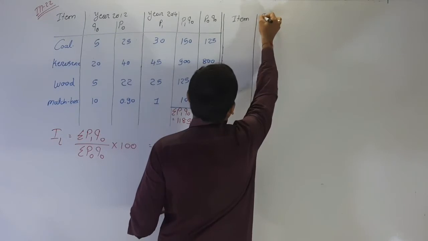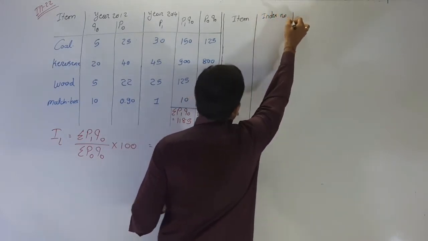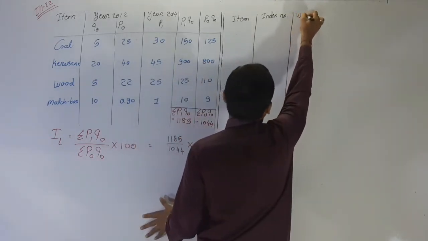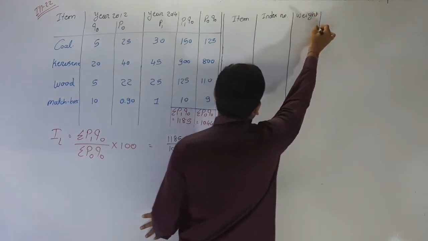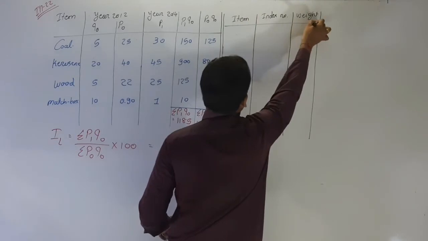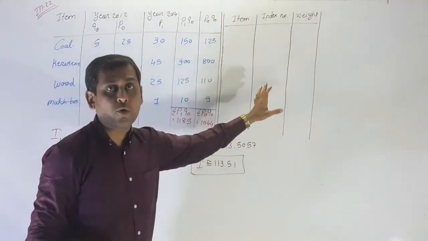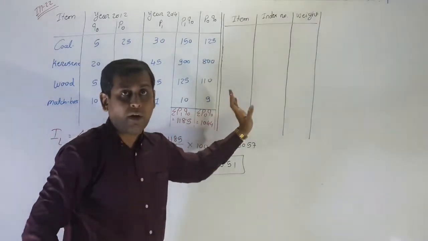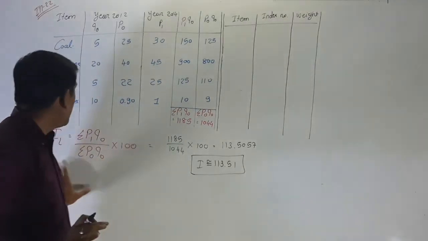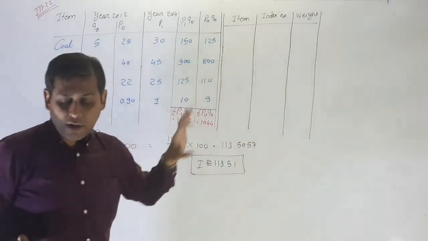So here index number, and then weight. You have to prepare this second table on the next page of your fair book. Okay, so here first index number is over. After that you have to prepare this table.